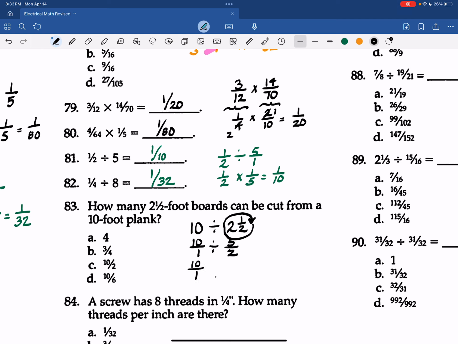And then you flip the fraction that follows. Cancel. Once you get multiplication, you can cancel. And you get 4 over 1, which is equivalent to 4. So you could get 4 boards out of that 10-foot plank.